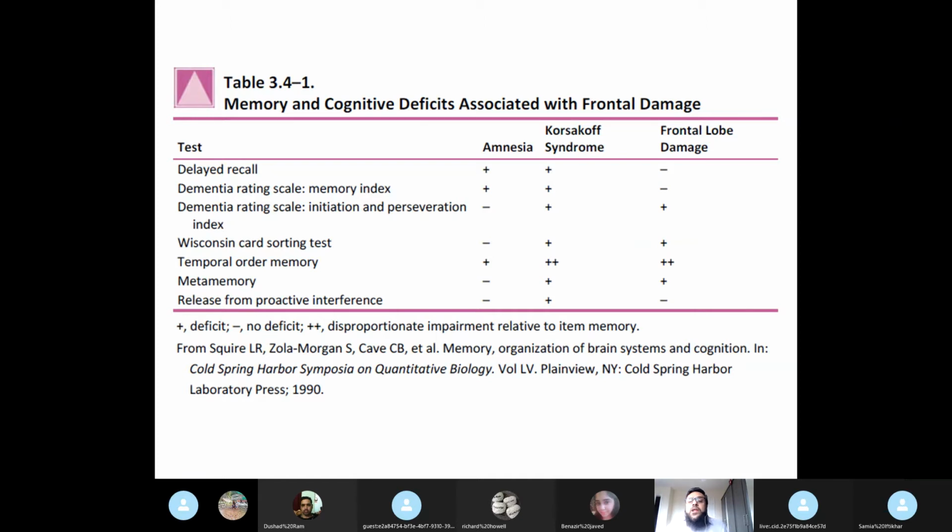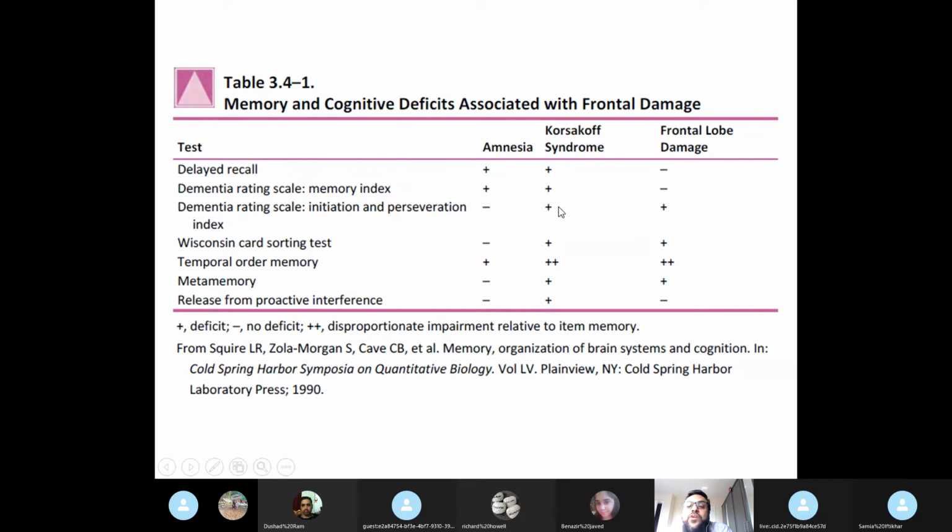The dementia rating scale memory index, that means you can see something in the memory subscale in both amnesia and Korsakoff syndrome. Now, the dementia rating scale initiation and perseveration index.